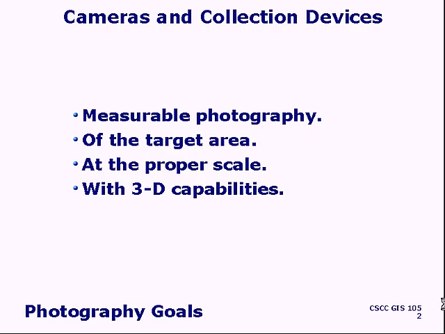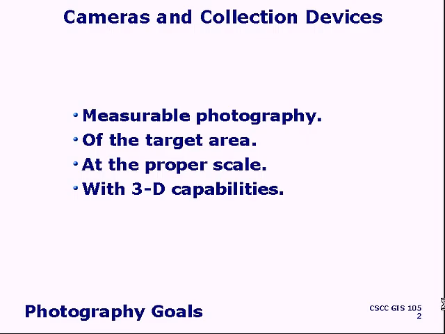That has to do primarily with the camera. We have to take measurable photography of the target area and at the proper scale, and this is going to get into the job constraints, flight planning. This will be towards the end of the quarter as we start to talk about making sure we got the target area covered properly. Scale will be a little bit sooner, and we also need to make sure that we have 3D capabilities from the photography.